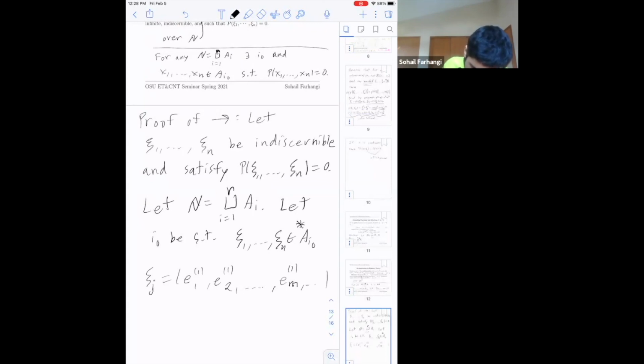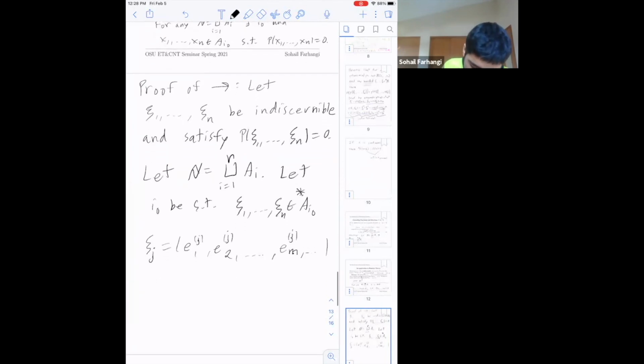And let me just do it this way. We can write out the components of each of these xcj's. By definition of these things being in Ai0 star, it means that most of the coordinates are in Ai0.